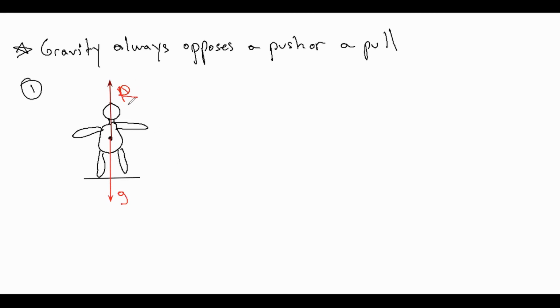Now, this normal reaction force is more of a push, because I know you might get a bit confused. When I'm standing on the ground, let's say this is my foot. Your foot is pushing on the ground, and as a result, there is a normal reaction force, and that is upwards.